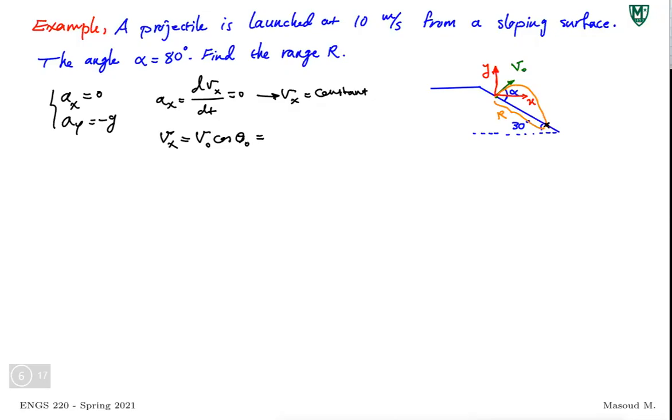Well, v naught is given, it is 10 meters per second. What is theta naught in this case? Remember, what was the definition of theta naught? Theta naught was the angle that the initial velocity vector creates with the x-axis. So what is theta naught in this case?